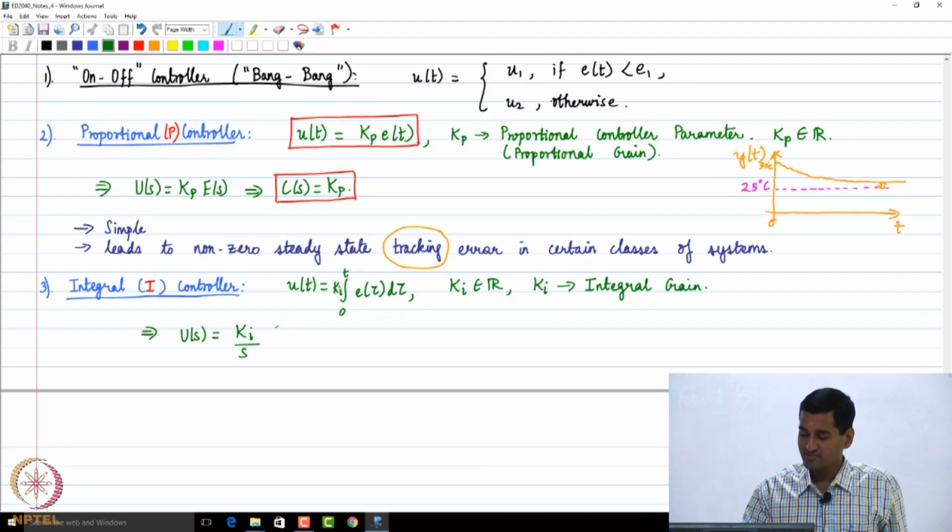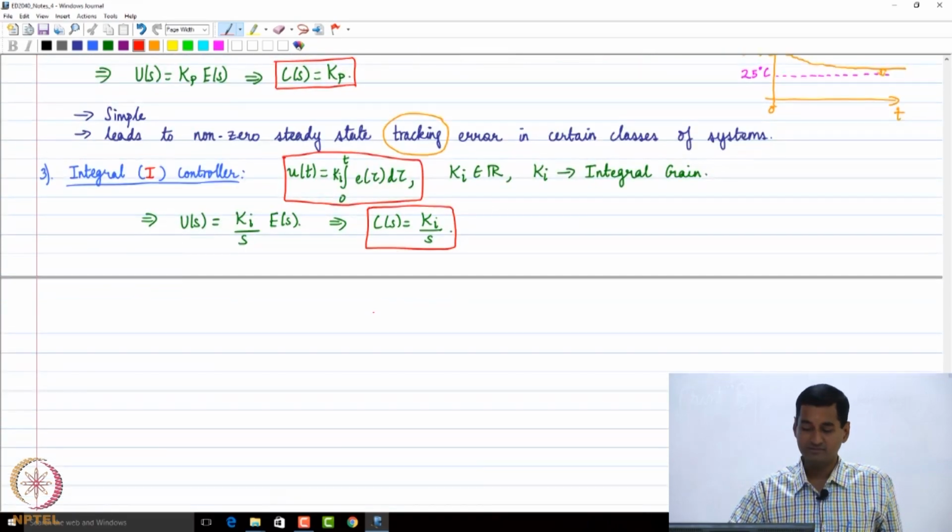So this becomes U(s) equals Ki by s times E(s). This tells me that C(s) is going to be equal to Ki by s. So this is the structure in the time domain for this particular controller, and this is the transfer function of the integral controller.